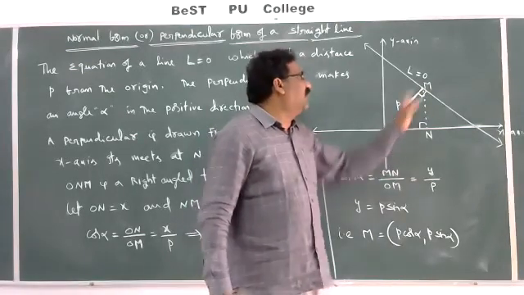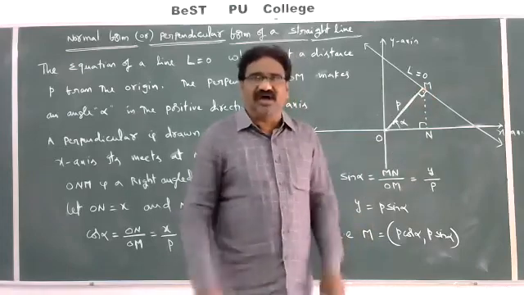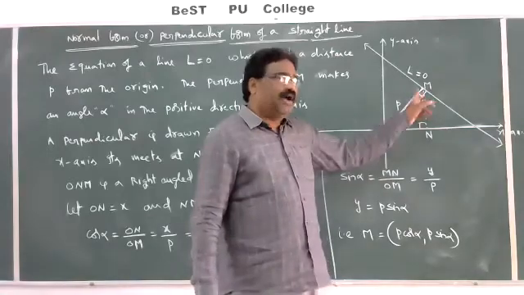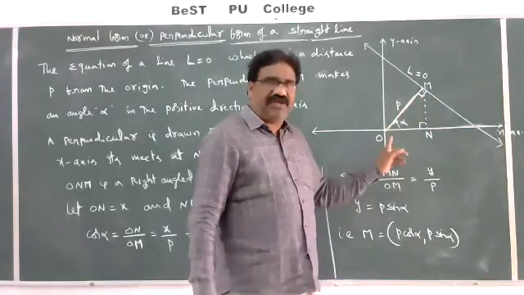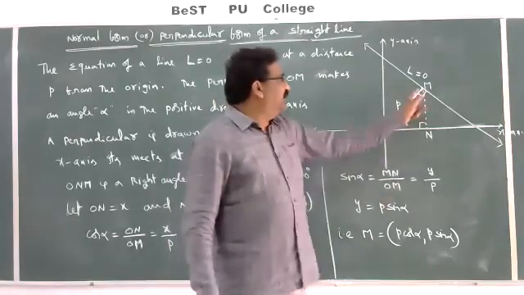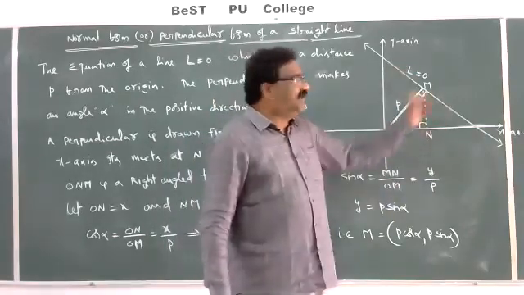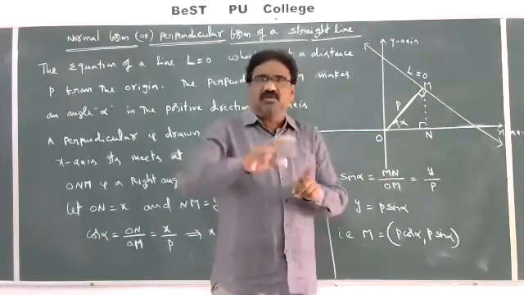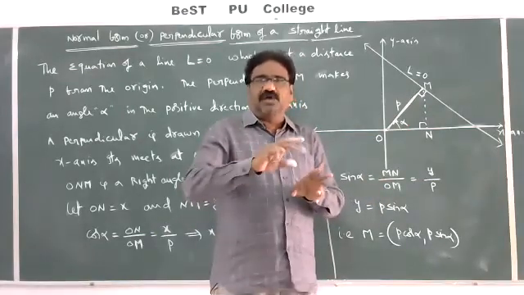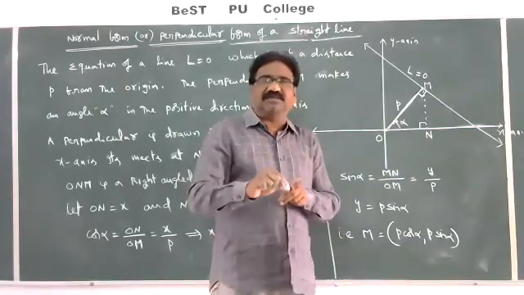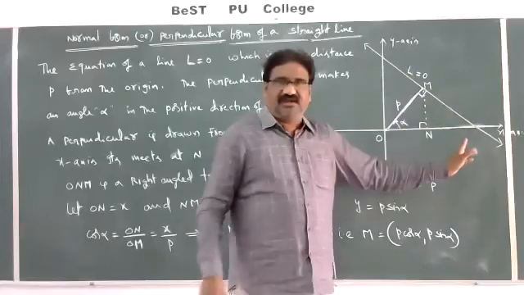What is the slope of OM? Tan alpha. Alpha is the inclination of OM. So OM slope is tan alpha. You know OM slope, this L is perpendicular to OM. We know m1 into m2 is equal to -1. Two lines are perpendicular, the product of the slopes is equal to -1. By using that concept, we find the slope of L.